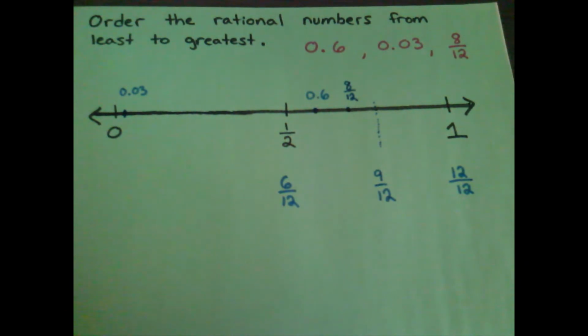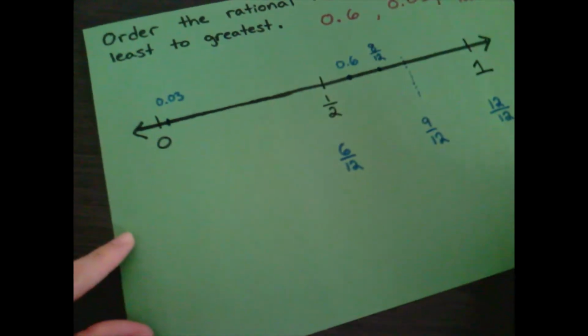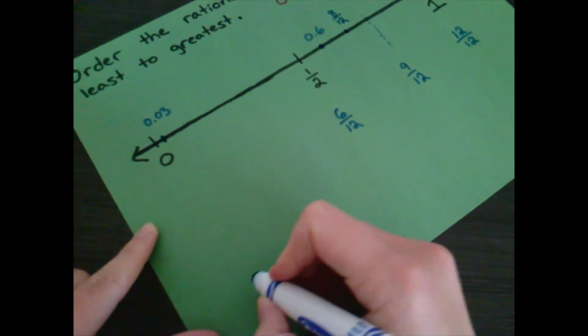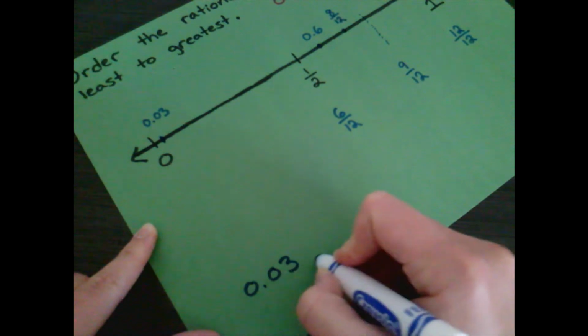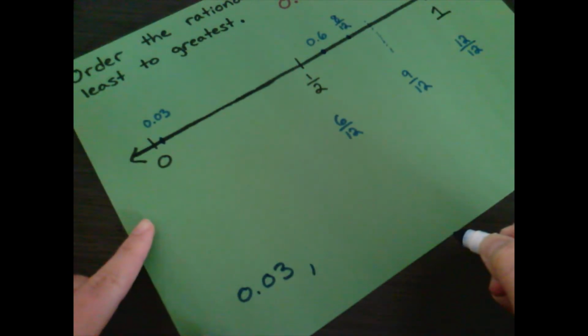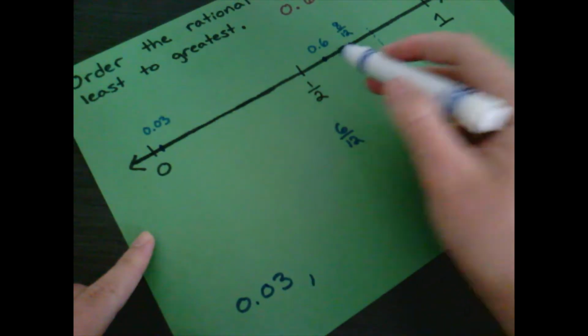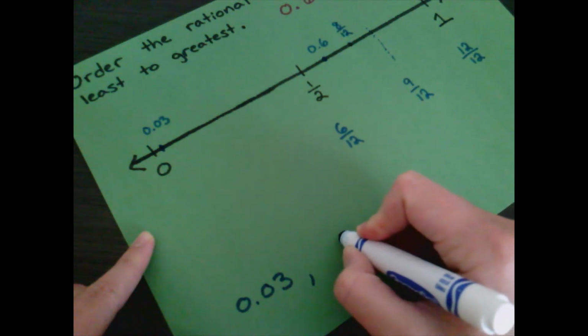Now our directions say to order them from least to greatest. That's the same thing as ascending order. So we're going from least to greatest. So our smallest number is going to be 3/100. The next number is 6/10.